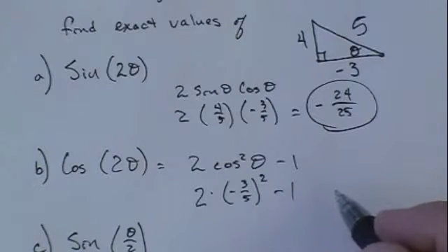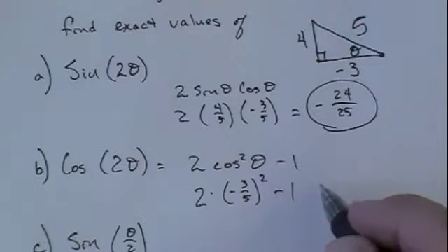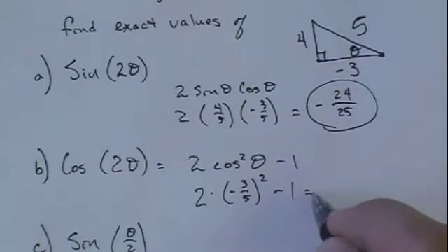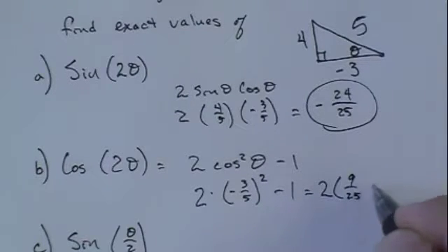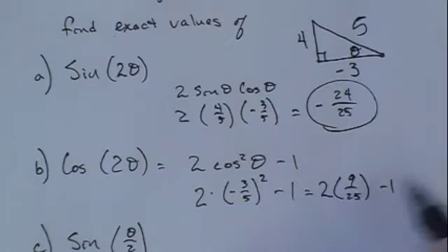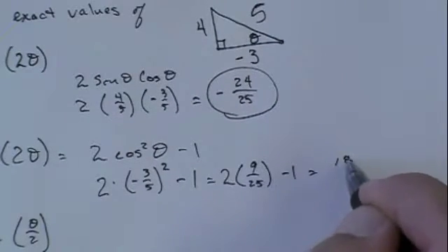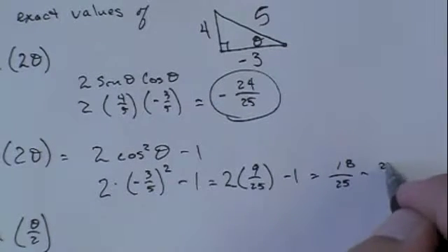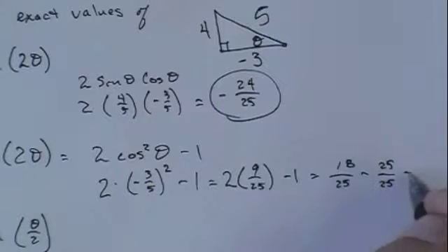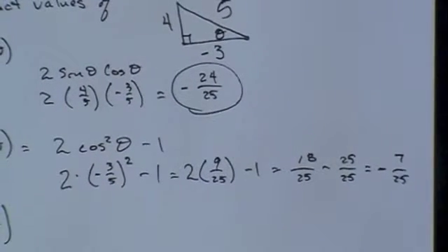Negative 3/5 times negative 3/5 is going to give us 9/25. So that would be 18 over 25 minus 1, which we could write as 25 over 25, which is going to give us a negative 7/25. And that would be our exact value.